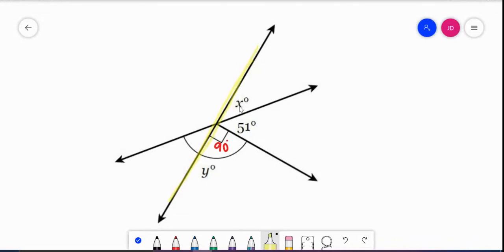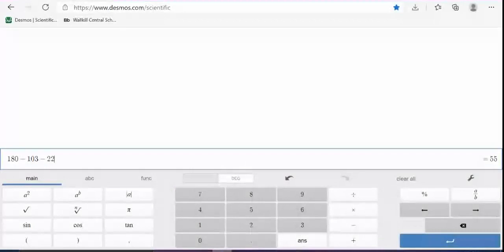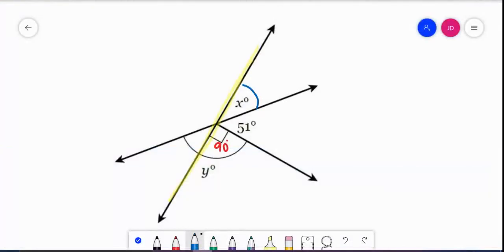So in order to find this part, I can do 180, since this is a straight line, this is a linear pair, right? Minus 90 minus 51. So let's do that. That is 39 degrees. That means this right here, all right, look at this right here.